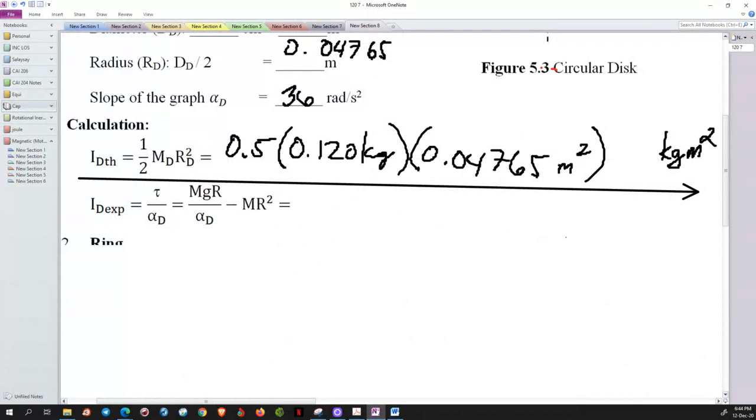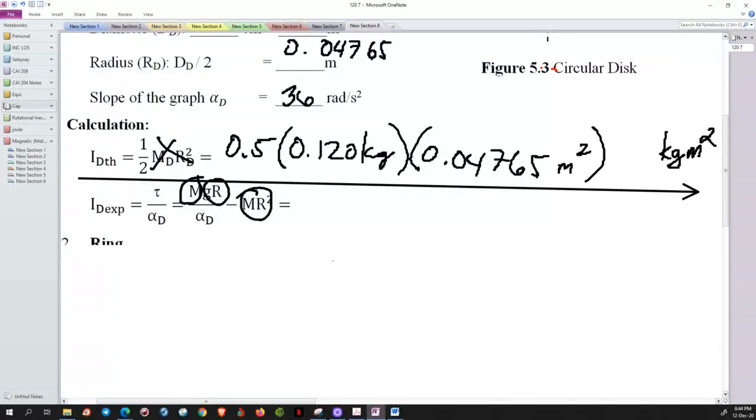Next, once you have the slope, you can calculate now the inertia by experiment. This is what I will tell you important, okay? The mass and the radius in this equation is not the same as the theoretical value.